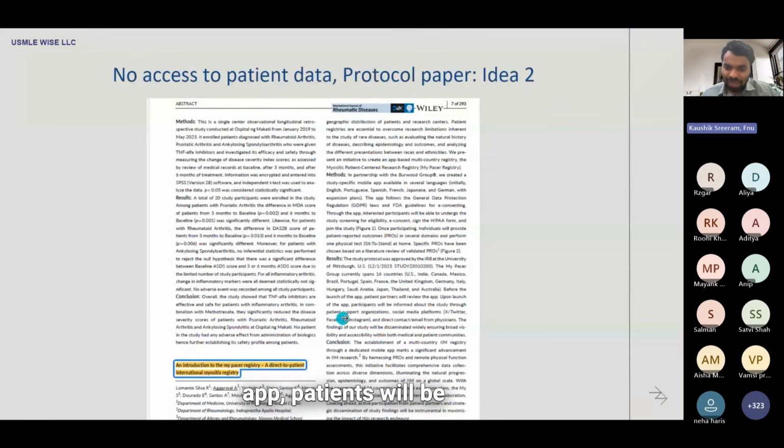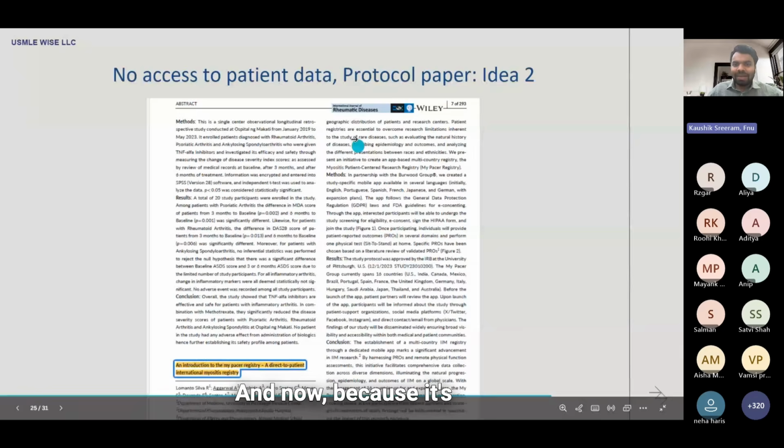Upon launch of the app, patients will be informed about the study through Twitter, social media, etc. The study findings will be disseminated widely, ensuring broad visibility and accessibility within both medical and patient communities. We did not come up with any numbers. The only progress that we had made was getting IRB, when I say IRB, Ethics Committee.